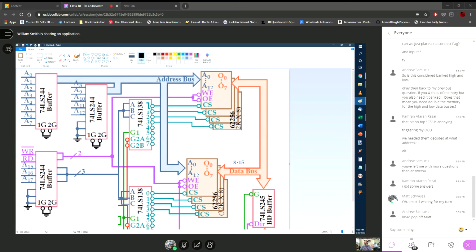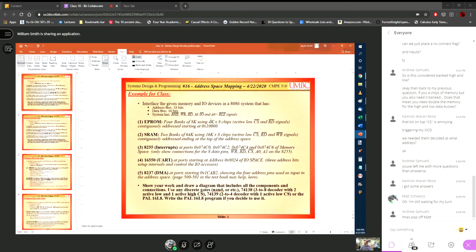We're going to peel off the top 8 data bits. That's going to be data bits 8 through 15 to go to this particular chunk of RAM. How many RAMs did he say we have? 4? 1K? Let me go back. I'm sorry. I may be losing this. 4K by 8 chips. Using 4K by 8 chips.